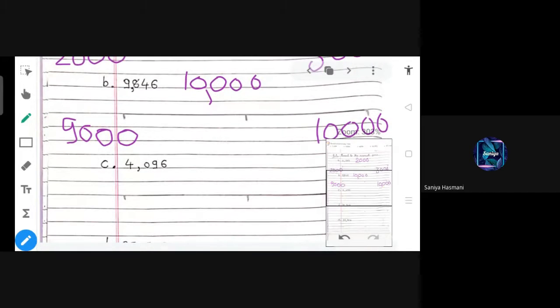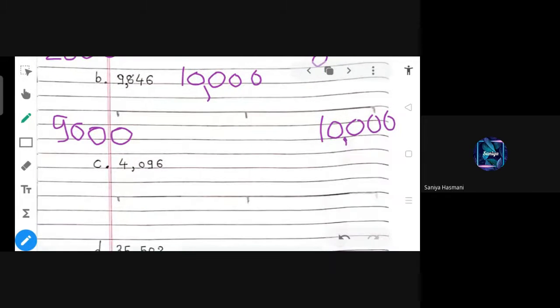So Keshwani Fatima, you can say this is our question, 4096, and the heading is round to the nearest 1000. So we have to see the nearest multiple of 1000 of our question. So what should I write here?